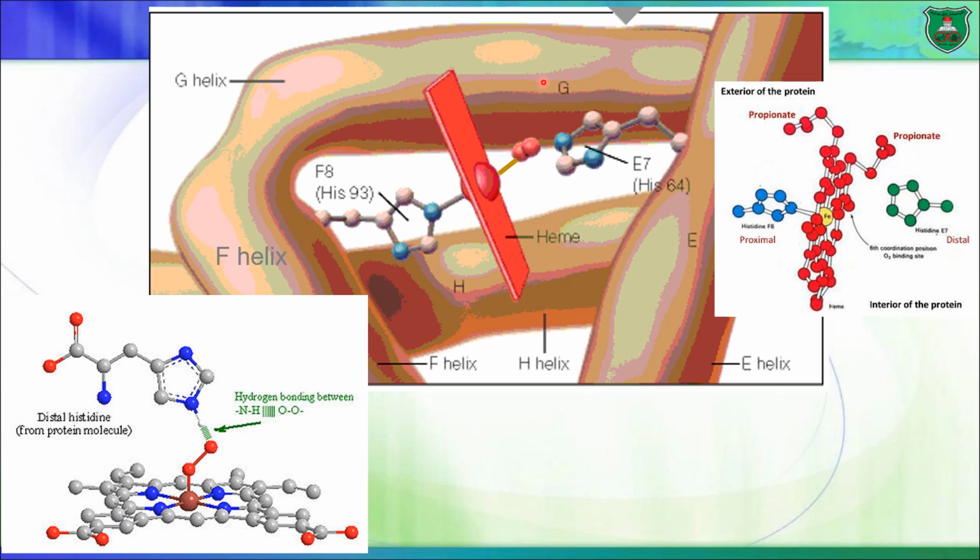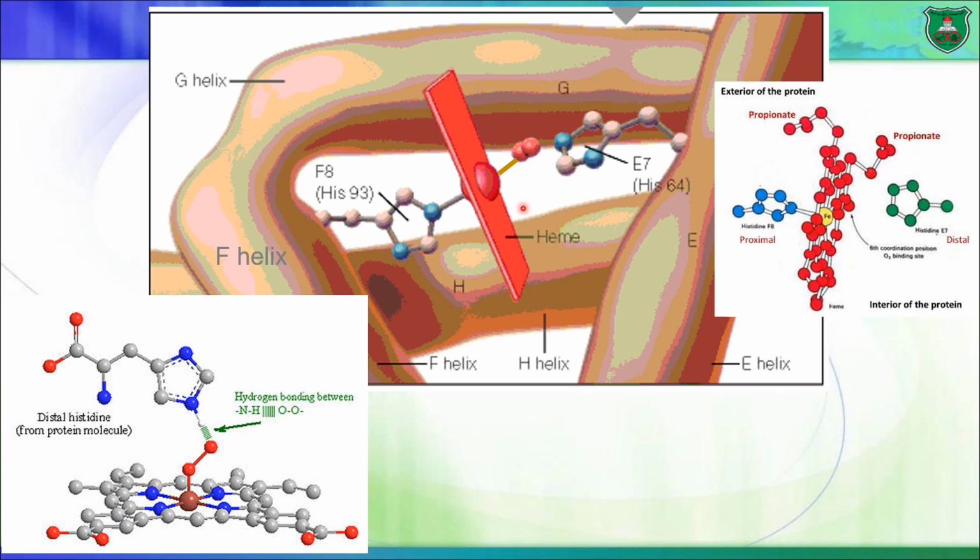And the 6th coordinate that iron can form, the 6th covalent bond, is with the oxygen molecule. So notice the close distance between the distal histidine and the oxygen that is bound to heme.